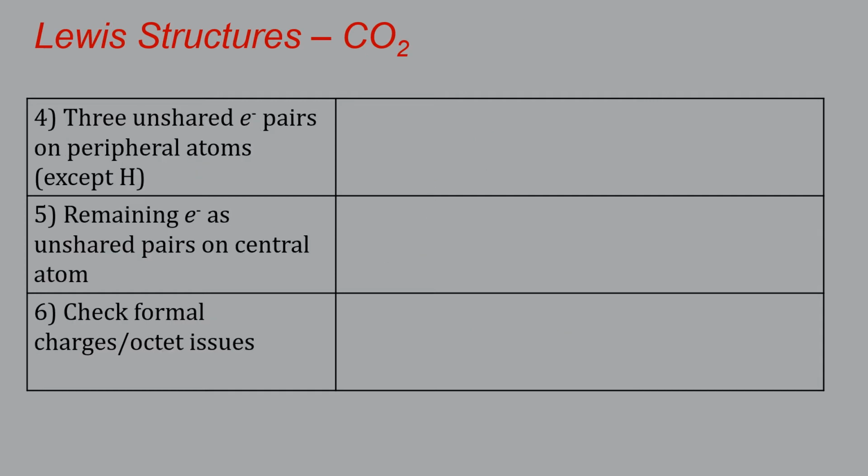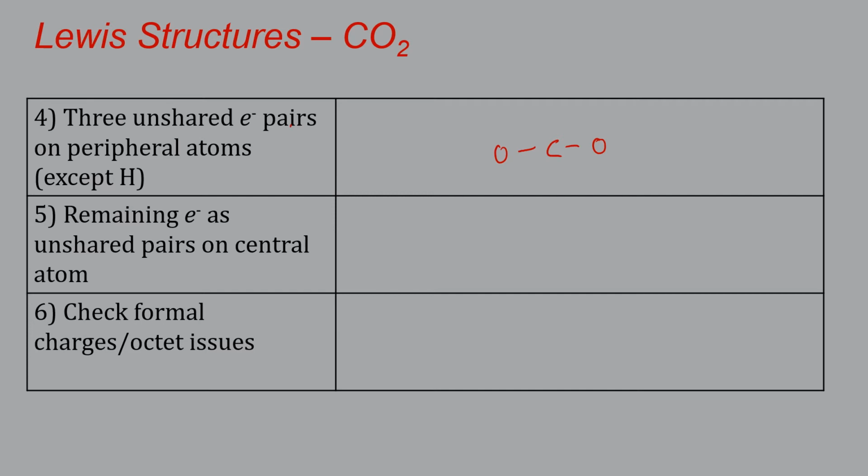All right, so let me redraw my bonding framework here. So we've got carbon and the oxygen. So we had 16 electrons. We used up 4 of them there. And the next step is to put 3 unshared electron pairs around all the peripheral atoms, unless it's hydrogen.